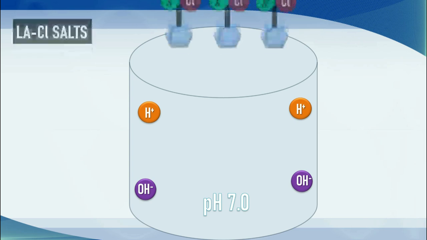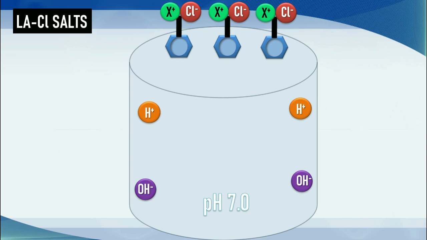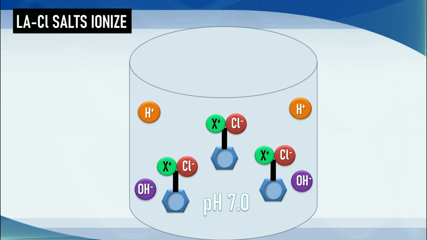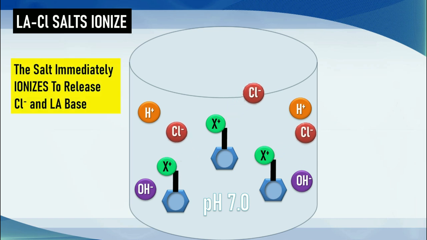What we're going to do is insert local anesthetic and chloride salts. So the chloride is bound to the positive part of the local anesthetic, the weak base. When that is inserted into water, the salt immediately ionizes, releasing chloride and free base. Chloride is a strong anion, and hydrochloric acid has a very, very low pKa, resulting in chloride being fully ionized.